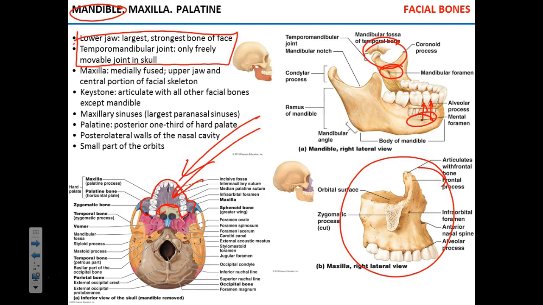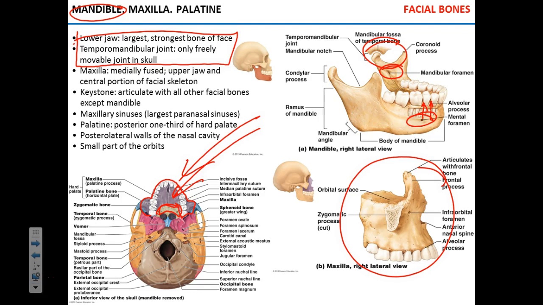Posterior to the maxillary bone is the rather small palatine bone. Here in this model, you can see the maxillary bone, and then posterior to it, palatine. Palatine constitutes about 1/3, posterior 1/3 of the hard palate. The roof of your oral cavity, it's the soft palate and hard palate.